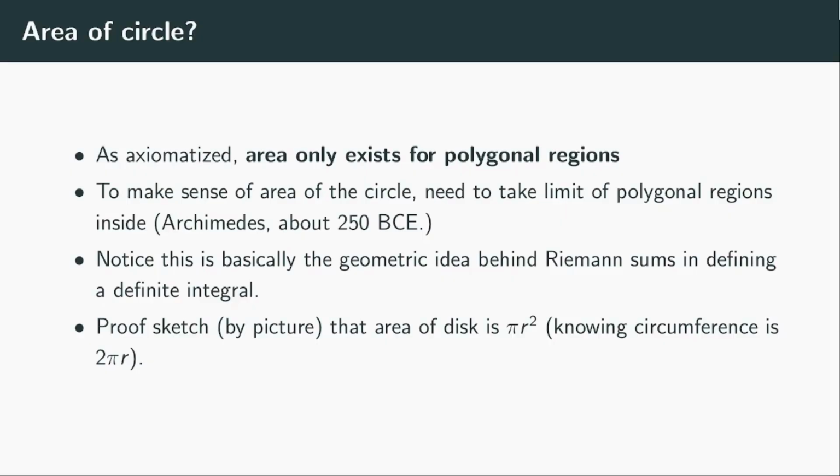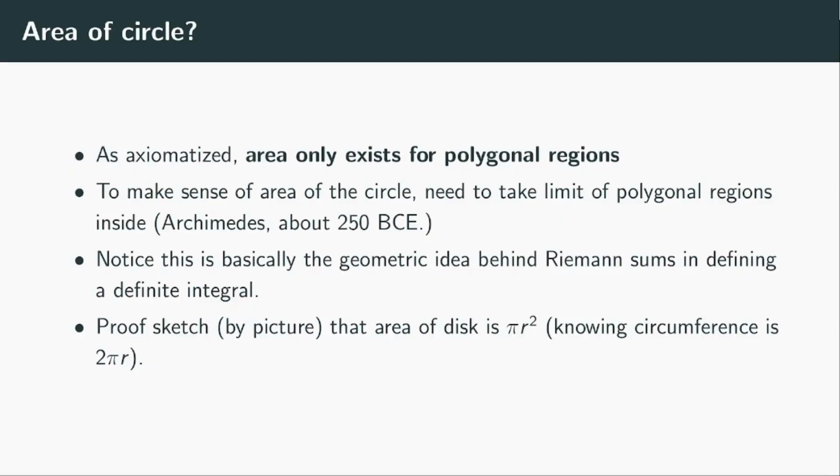This is something Archimedes did. I chose a nice round number here that was sort of the middle of his life, around 250 BCE. What he did was he considered a limit of polygonal regions that were contained inside the circle, but that gradually filled out the circle as you increase the number of sides.